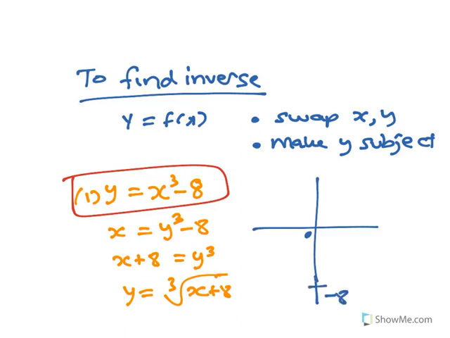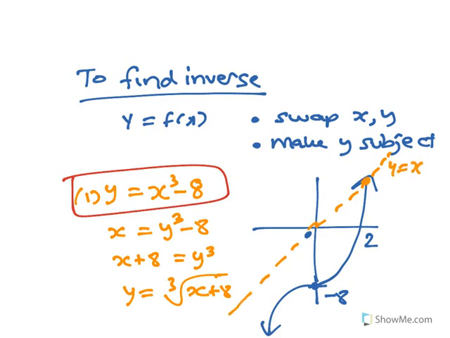So that's minus 8 here. So it's a cubic that looks like that. It'll go through 2 and look like that. So if you were to draw the line y equals x, so at this point here, that is where the two things will intersect, because that's where you flip it over. So that'll go like that.